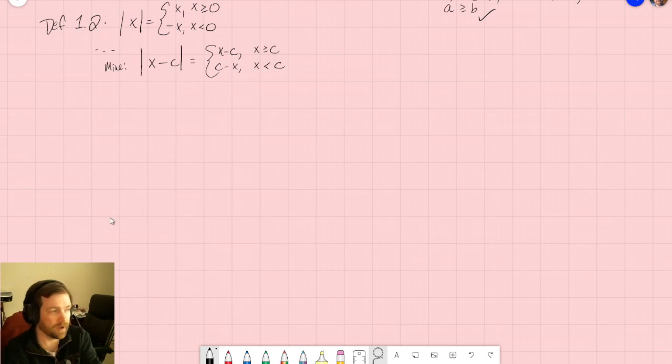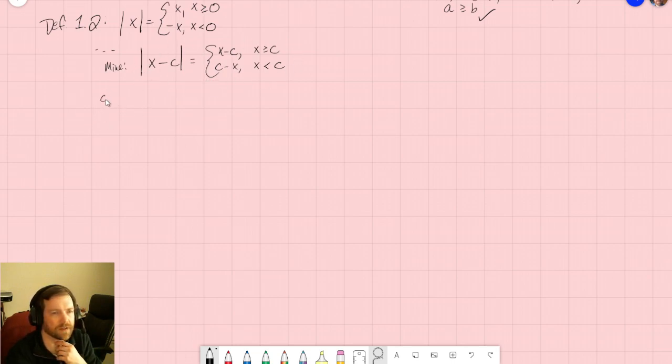Yeah, Super Brain, we got past the first problem. So the book is also defining absolute value as the next thing. I said, okay, I'm going to define it slightly differently, as the distance between x and some other value c, so that this could be generalized to anything we want.